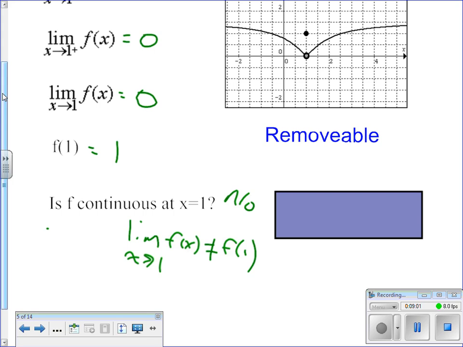Now, your removable discontinuities can either be just this without the extra point, or with the extra point like this one does. So if there was no value here, it would still be a removable discontinuity. So I got a line, I pulled the hole out of it, I removed it, that's a removable discontinuity.